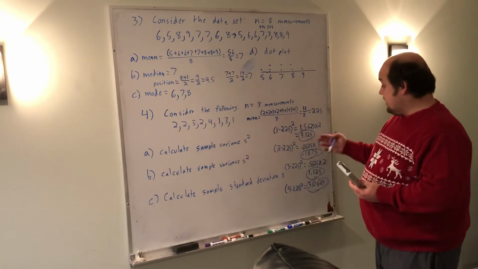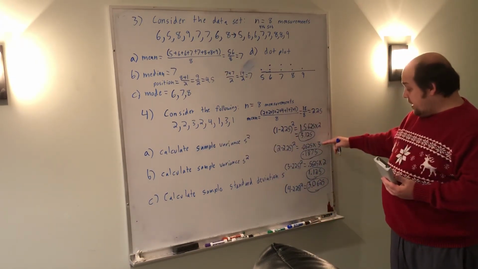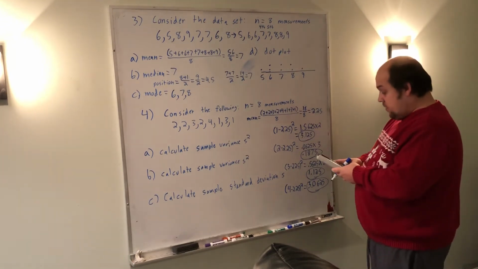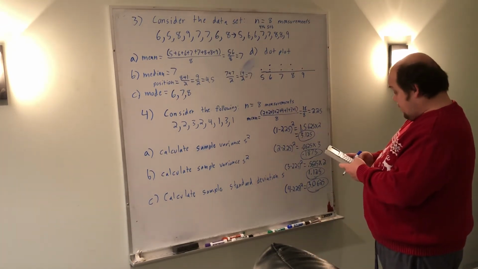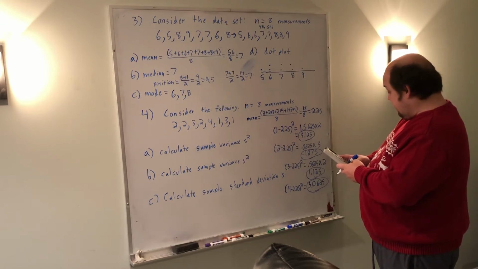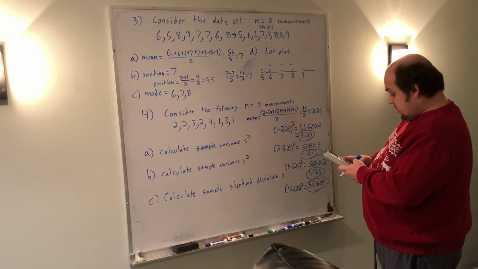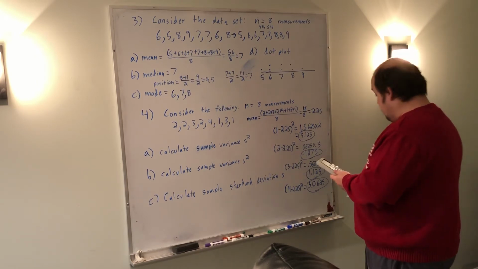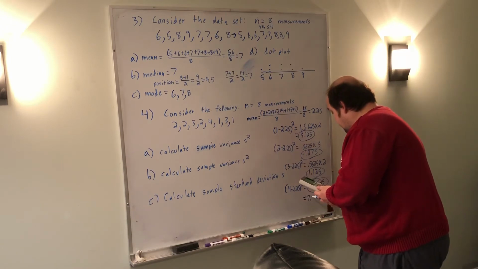I just recognized that I had repeats, so I multiplied the answer by how many times it repeated. When I add all these together, 3.125 plus 0.1875 plus 1.125 plus 3.0625, my total is 7.5.